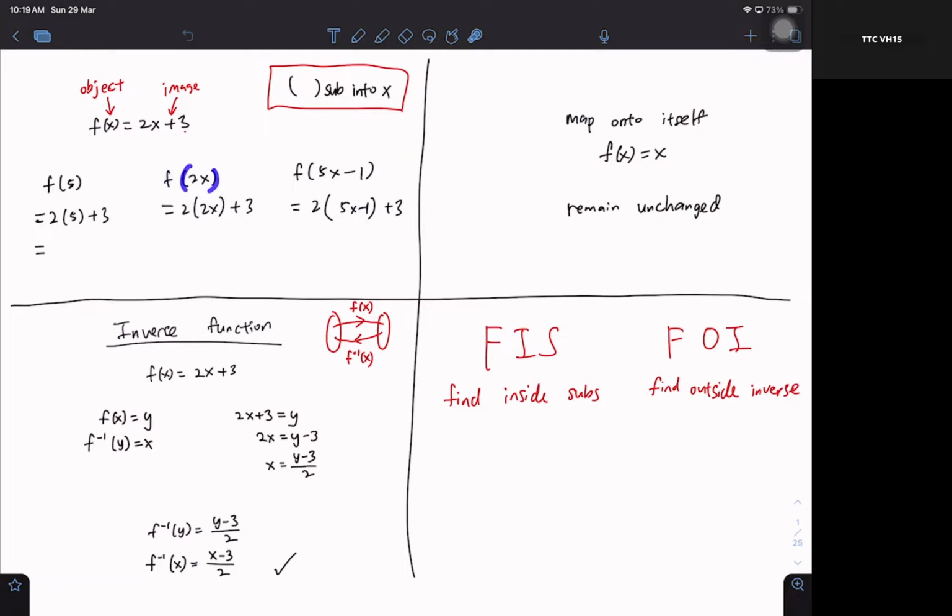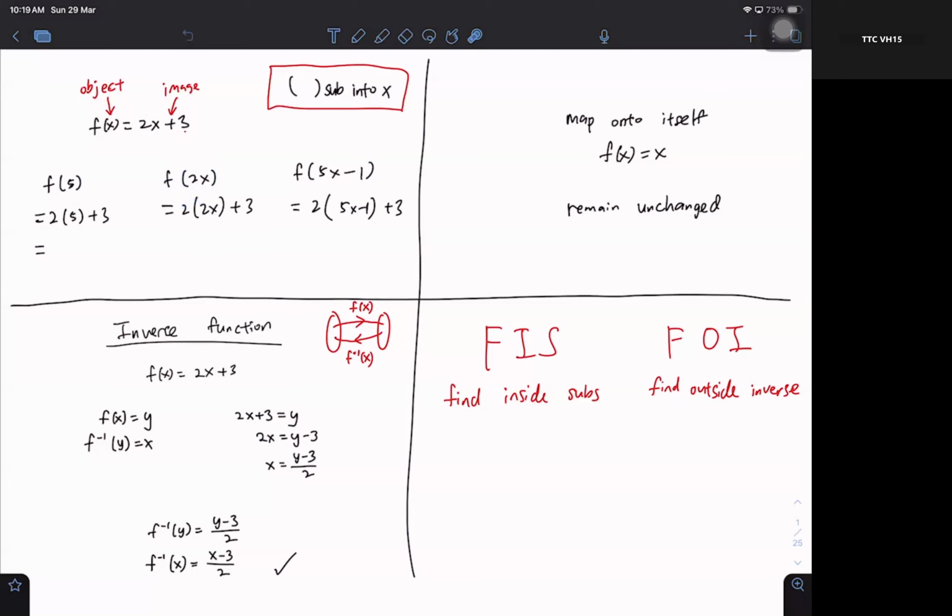Take the bracket sub into x. What happens? It becomes 2 bracket plus 3, but this time the bracket is 2x. So 2 times 2x is 4x, of course.